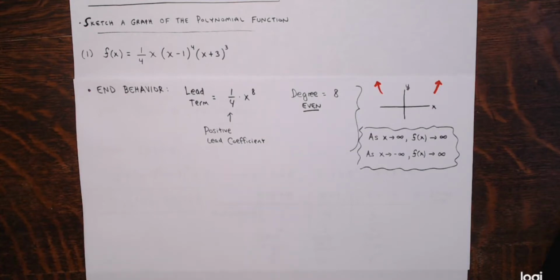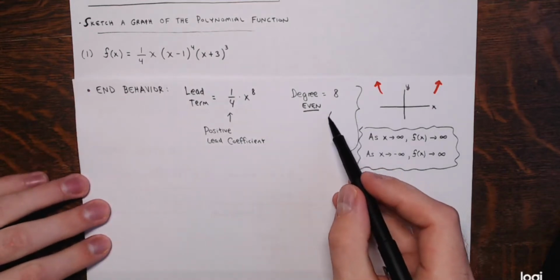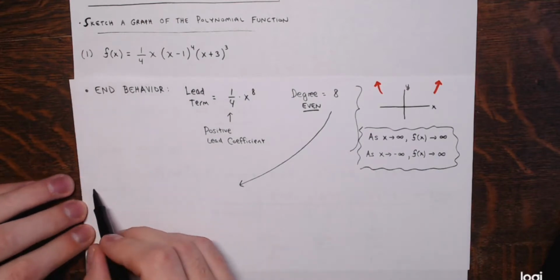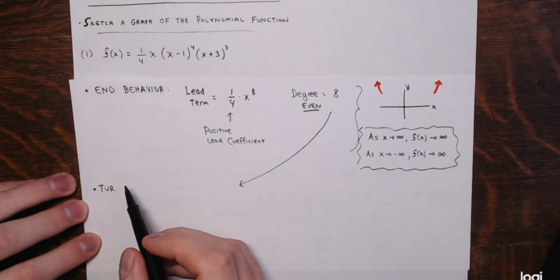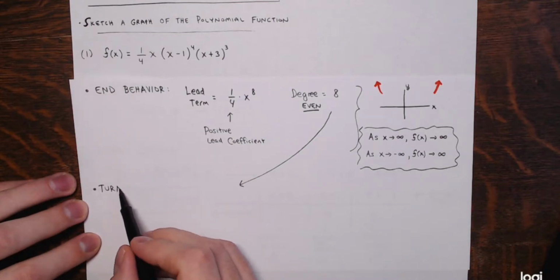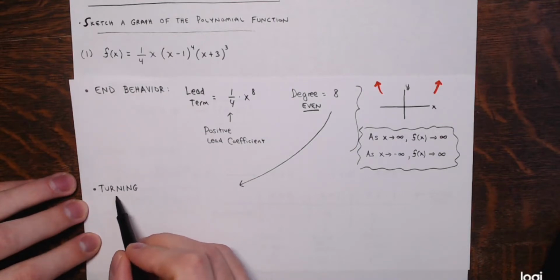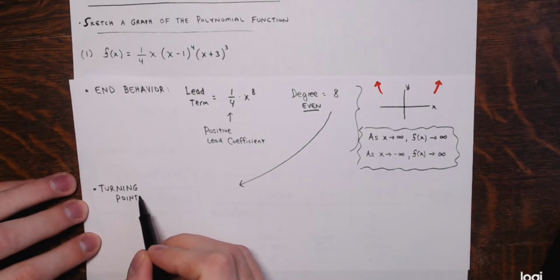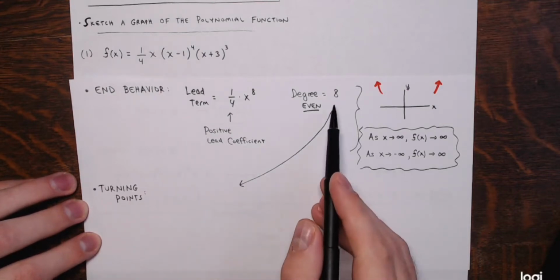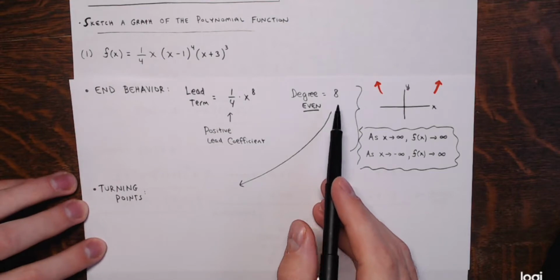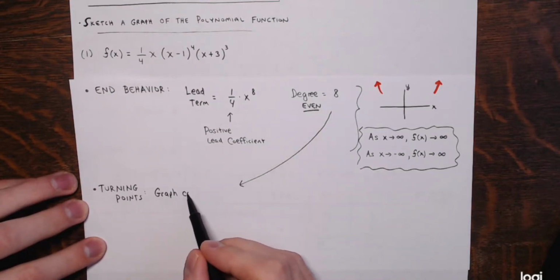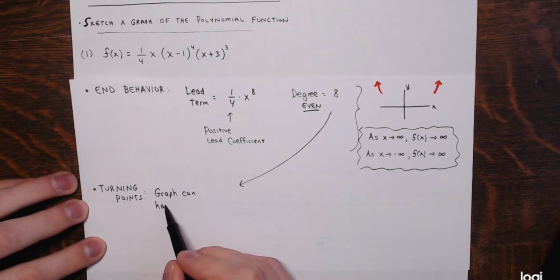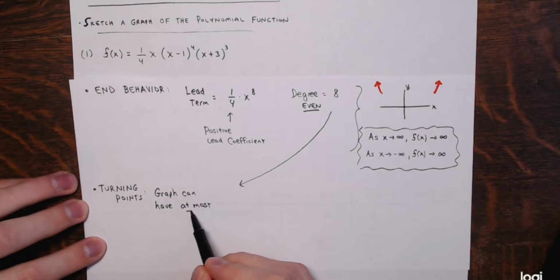All right, one other thing, talking about turning points. We'll actually sketch the graph, but they were talking about turning points. If this is a degree 8 polynomial, the graph should have at most 7 turning points.